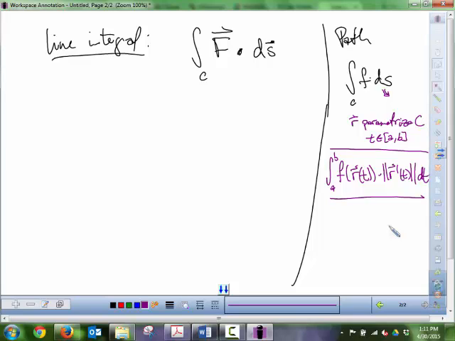So a line integral similarly has a working definition.